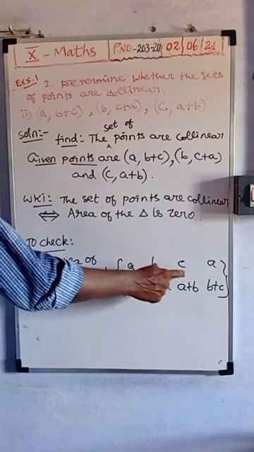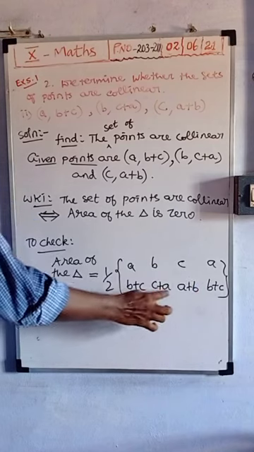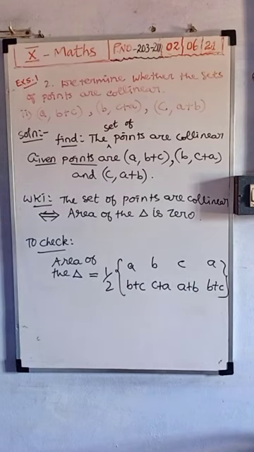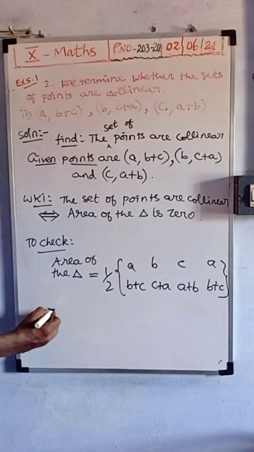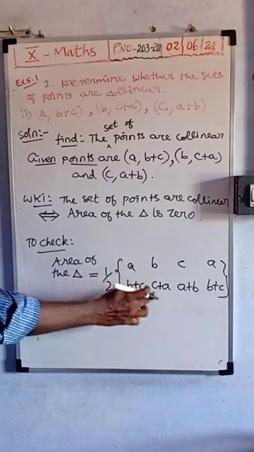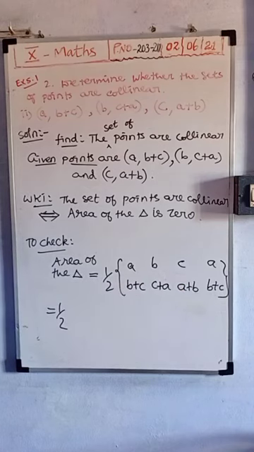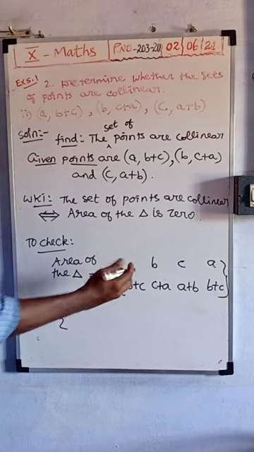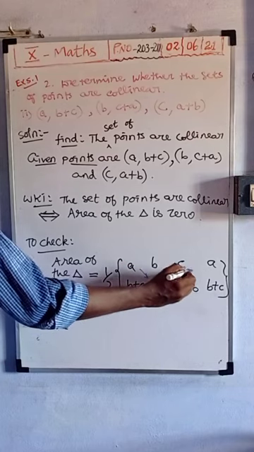So x1 x2 x3 x1, y1 y2 y3 again y1. Now, first down to up you want to multiply.